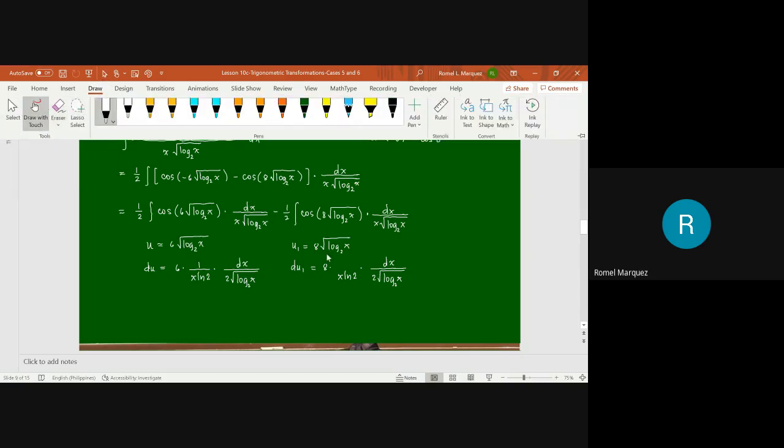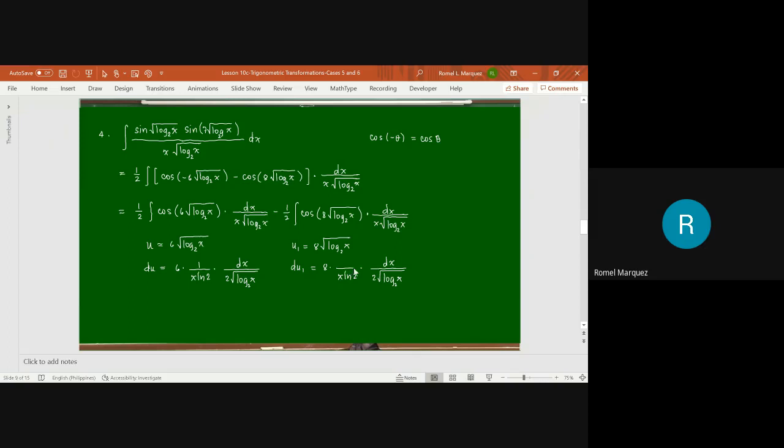So this is equal to what, guys? 3 dx over x, no more 2, no? Because 6 divided by 2 is 3. ln 2 times square root of log of x to the base 2.